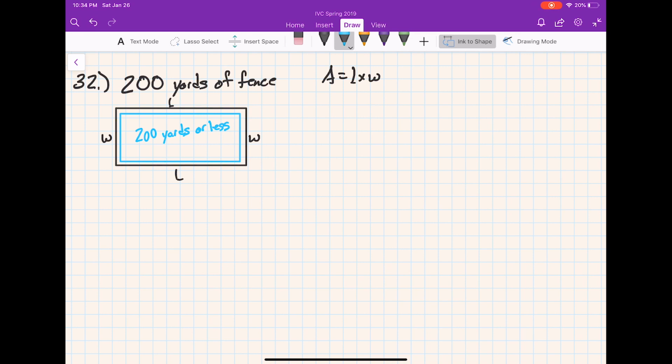And so we have 2 L's and 2 W's. So we can put 200 is equal to 2 times L plus 2 times W. And again, I don't like this large L, so I'm just going to say let L equal X and let W equal Y. I'm not so concerned with the W, but the L's are irritating me.